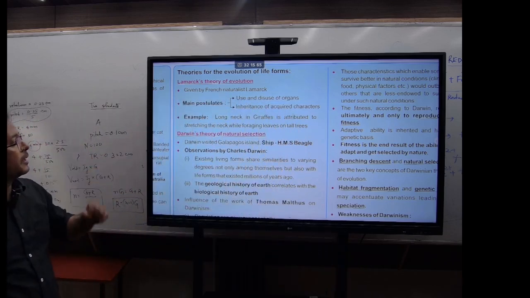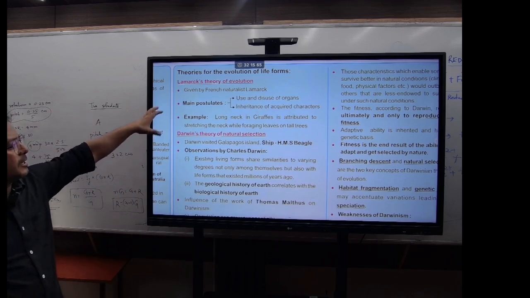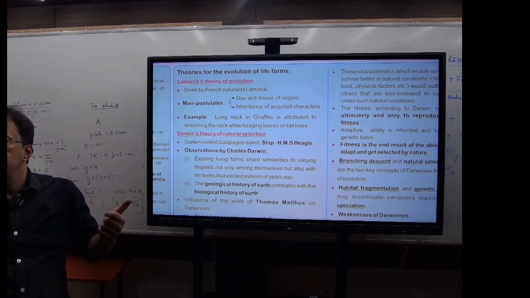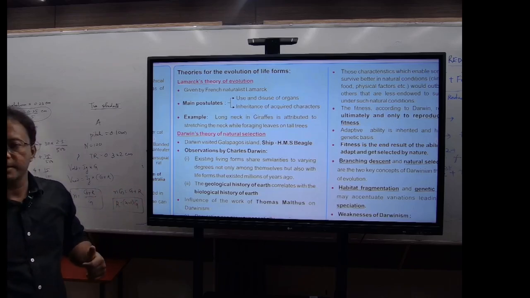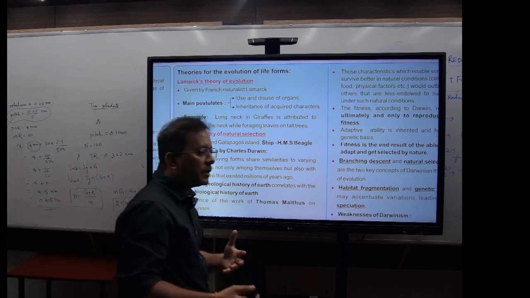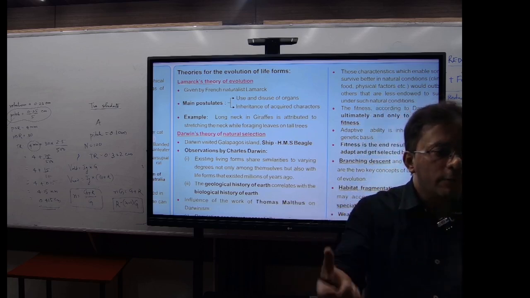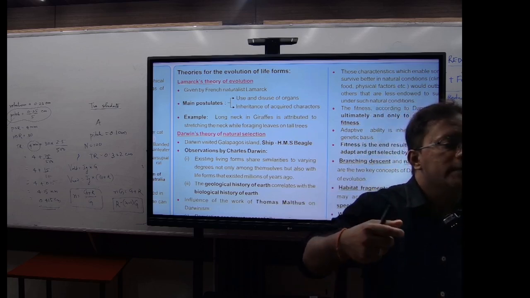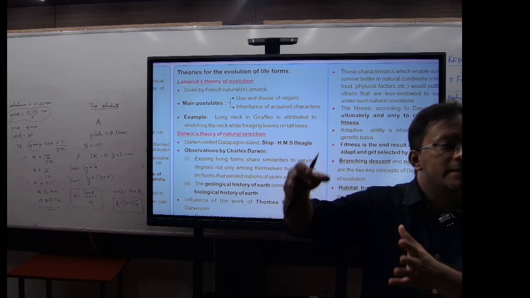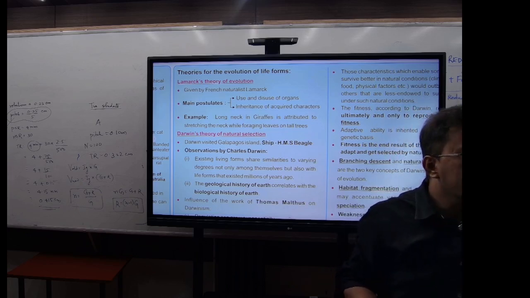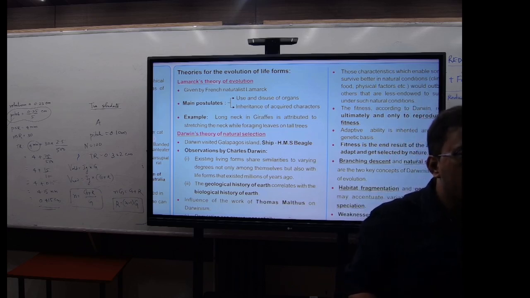He said that there are two things which can cause evolution. One is the use and disuse of organs. According to him, if an animal or a plant uses a particular organ more frequently, that organ will develop its strength and its functionality. And if it doesn't use a particular organ, it will become extinct or vestigial.